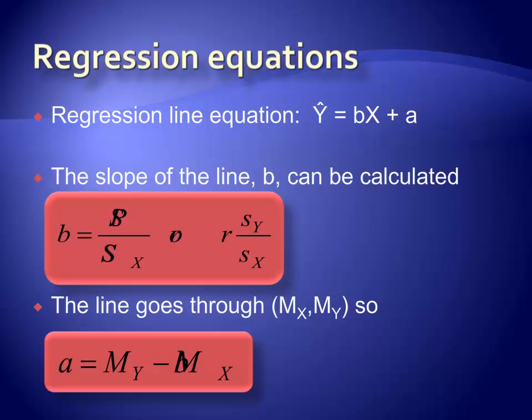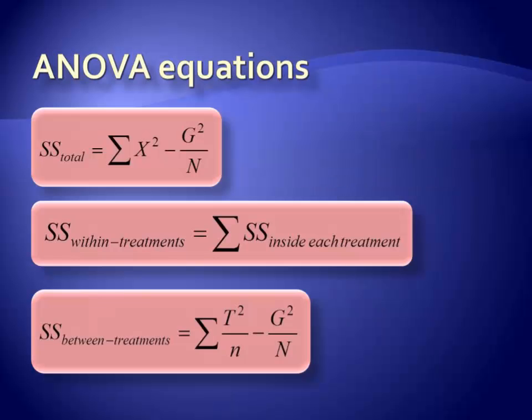Similar patterns are seen with regression, in which the most important component of the regression line, the slope, is a ratio between SP and SSX, which is the shared variation between X and Y and the total variation in X. Finally, ANOVA equations also represent a ratio of the sum of squares within treatments to the sum of squares of the entire model.